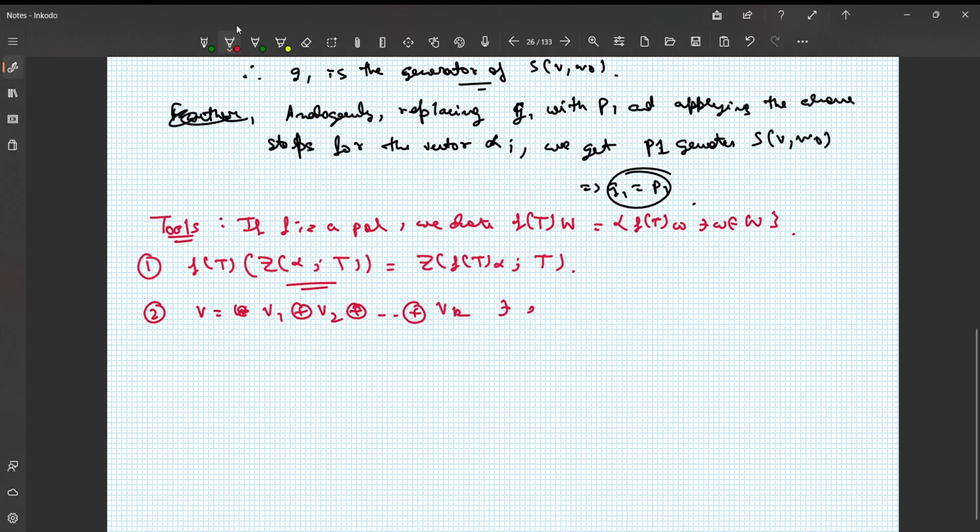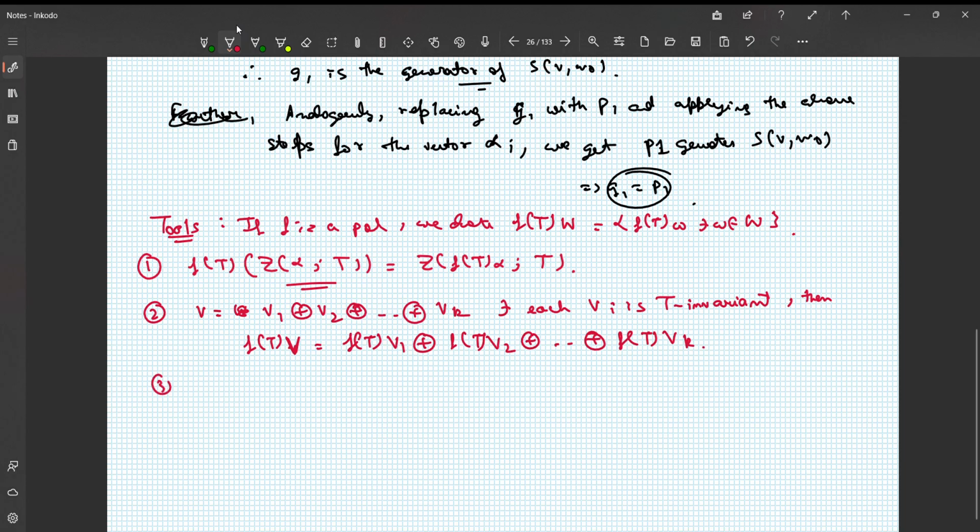So f(T) of this subspace is exactly equal to Z(f(T) alpha; T). Number two says that if V can be written as V1 direct sum V2 and so on till Vk, such that each Vi is T-invariant, then f(T) of V is equal to f(T) of V1 direct sum f(T) of V2 and so on till f(T) of Vk.